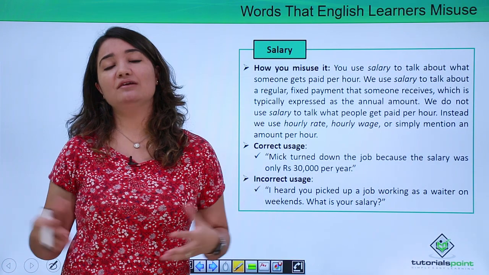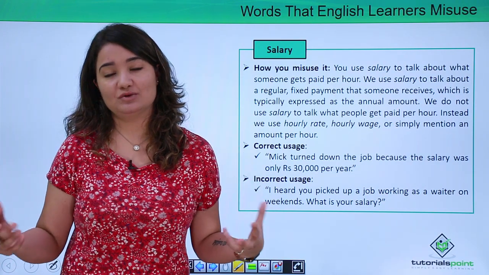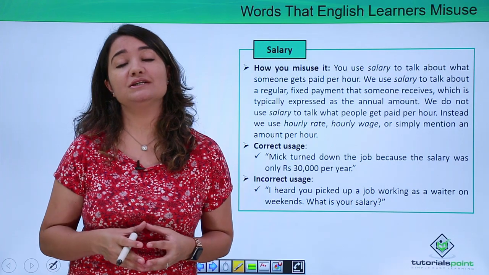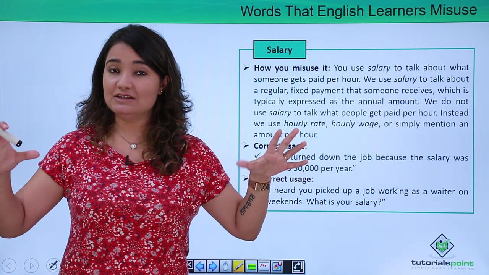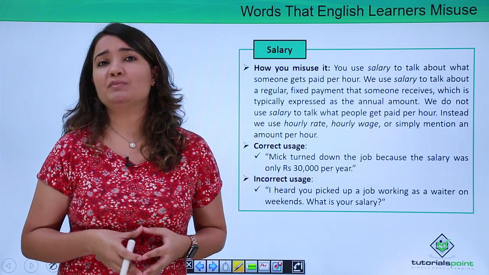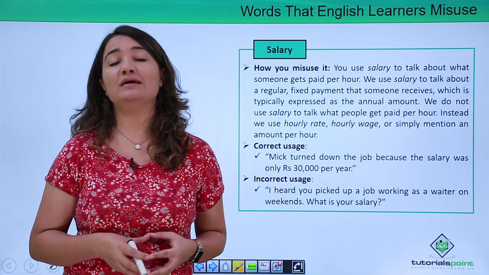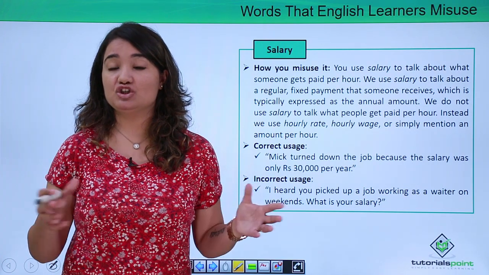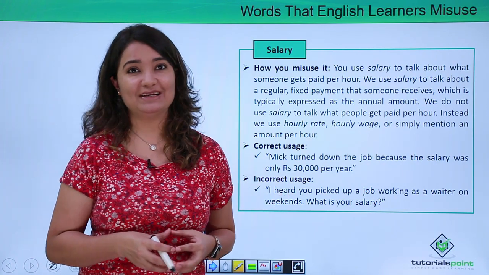Usually salary is mentioned on a yearly basis, right? So on a yearly basis, what you earn is what is referred to as your salary. So your complete CTC for the entire year is your salary. If you happen to hear anybody speaking of salary which they are earning on an hourly basis, well, that is wrong.